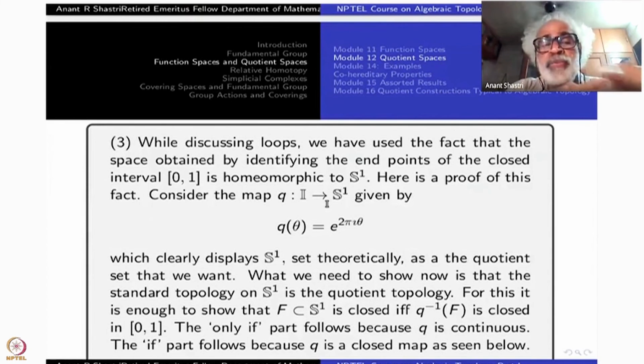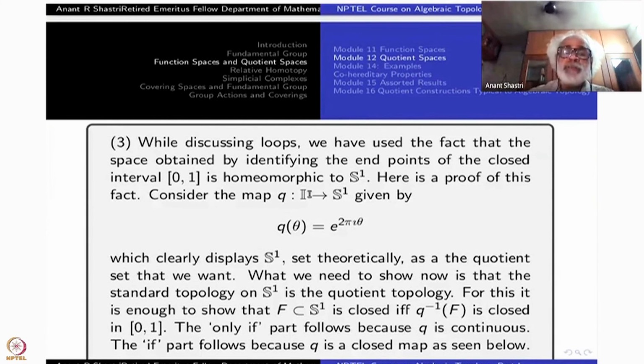That is the meaning of what we have done by identifying 0 and 1 in the closed interval [0, 1]. So set theoretically we are fine. So what we have to verify is that the subspace topology of S1 coming from R2 is the quotient topology on S1 coming from I via this map Q. This is what we have to verify.